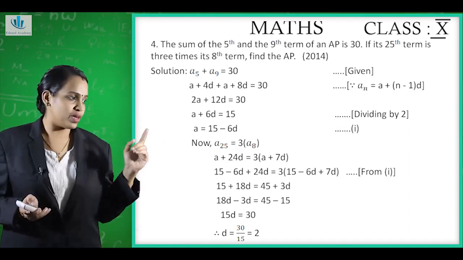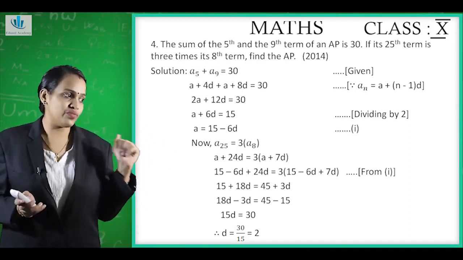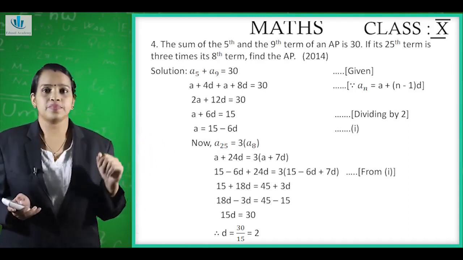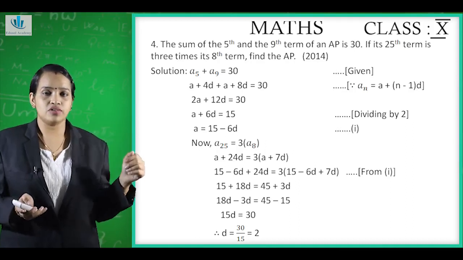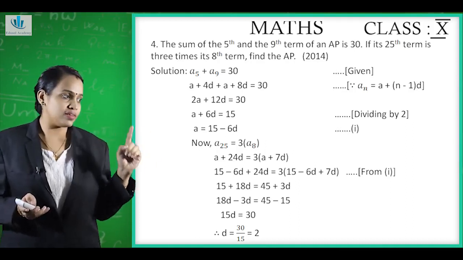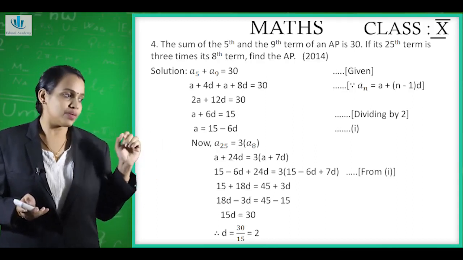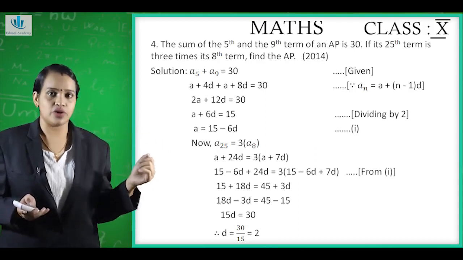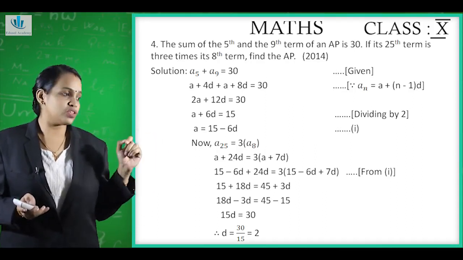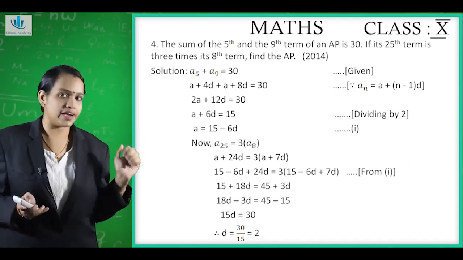Now minus 6D plus 24D gives plus 18D, which is equal to, solving that bracket, 45 plus 3D.